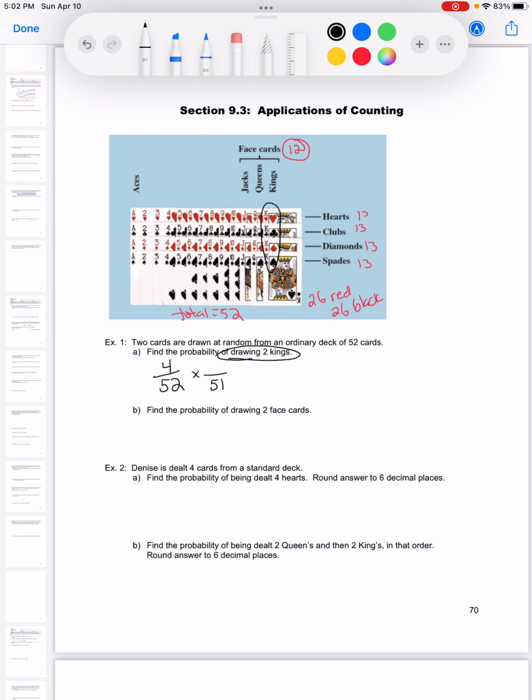There are only 51 cards. And there aren't 4 kings because I already drew one of them out, so there are only 3 kings. So I could work with the problem that way. And I want to get my answer all the way reduced down. My answer is going to be the most reduced form. So that would be 1 over 221.